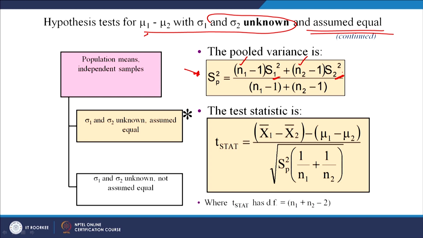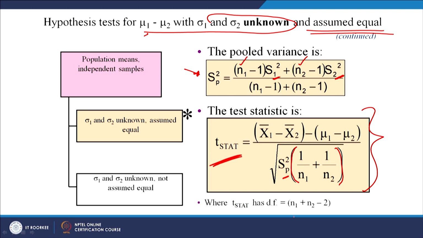The t statistic which you would be calculating is x1 bar minus x2 bar, the first sample mean minus the second sample mean, minus the difference of the first population mean and second population mean, divided by the square root of the pooled variance Sp square multiplied by this.